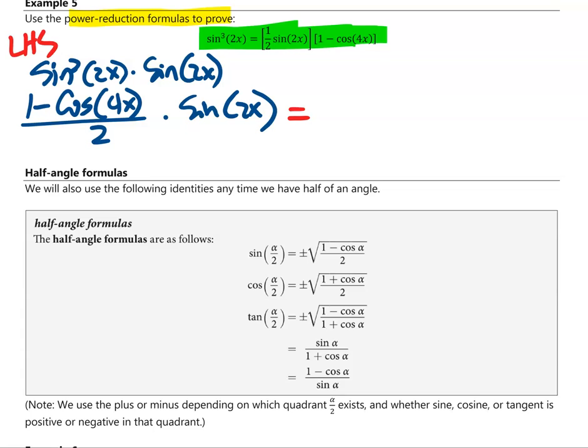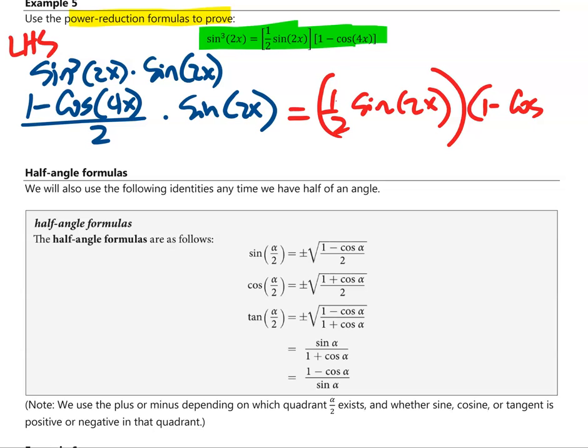Alright, and that is equal to, we have here over 2 and sine 2x, so that is like 1/2 of sine 2x times the numerator 1 minus cosine of 4x. So that is the same as the right hand side.